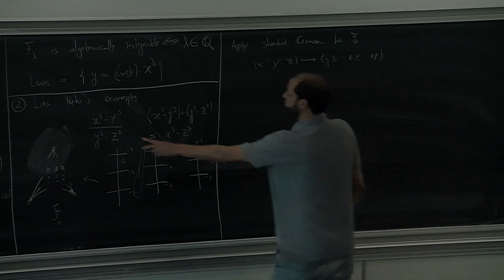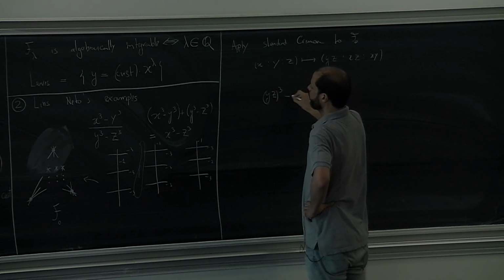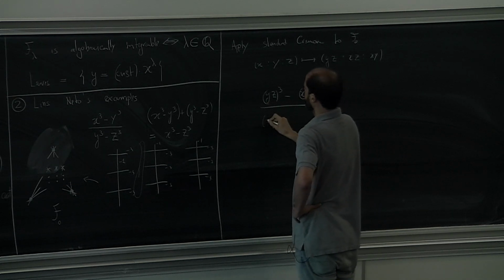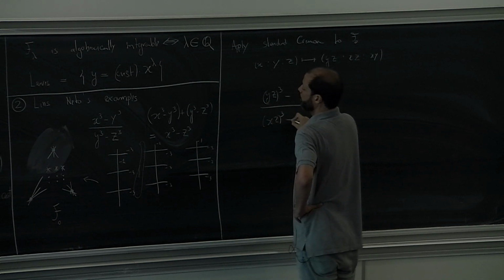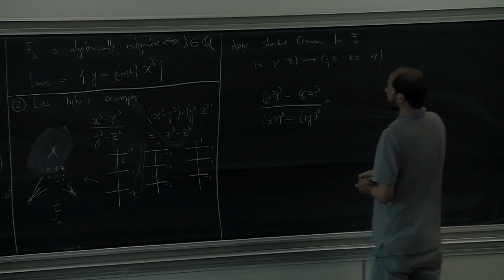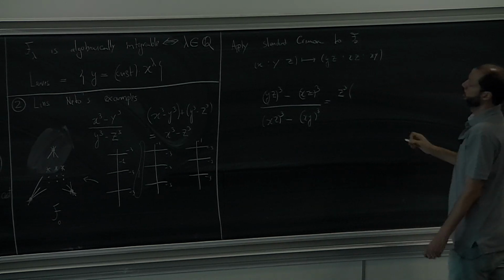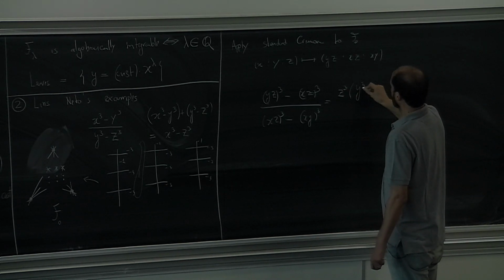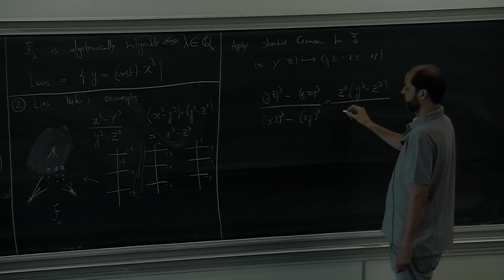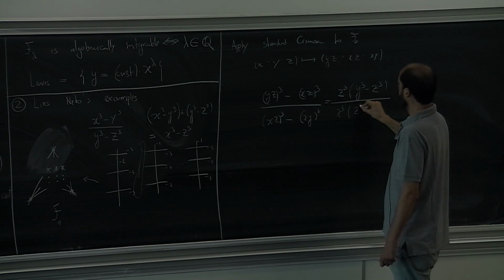I can just apply it to see what's happening. So this will be (yz)^3 minus (xz)^3 divided by (xz)^3 minus (xy)^3. And here I will have a z^3, which will get out, and will remain y^3 minus z^3. And I will have x^3, which gets out, z^3 minus y^3.